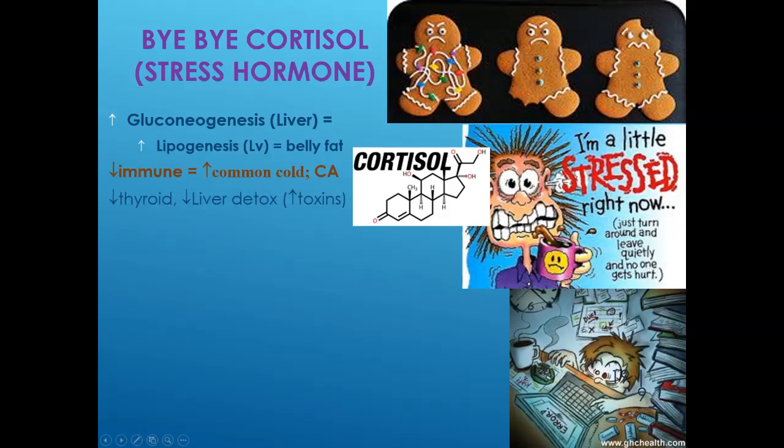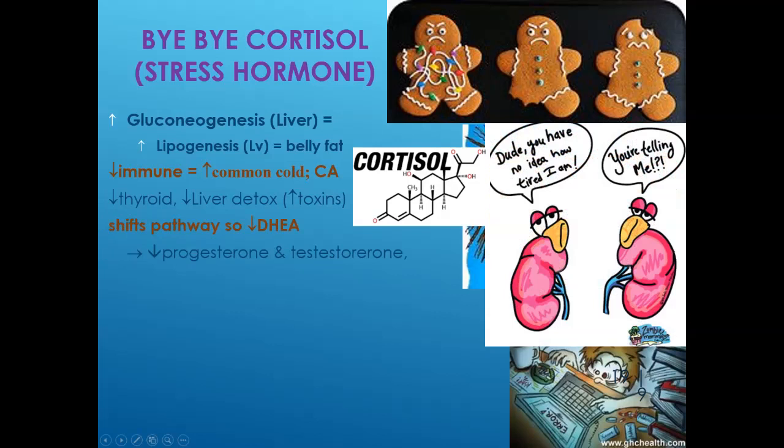It depresses your thyroid, it suppresses your liver detoxification process, and it shifts your pathway. And if you have low DHEA, your kidneys are just overwhelmed. You have low progesterone, testosterone. So again, low, all those things we just talked about with DHEA 2 slides ago. It also affects serotonin, which is not a steroid.